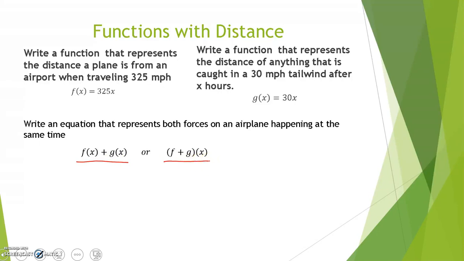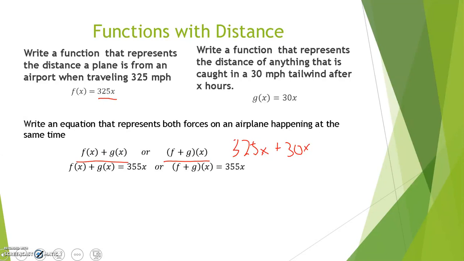But really what we're doing is taking the f of x function and adding it with the g of x function. The f of x function is 325x, and we're adding to that the 30x. If we put those together, both of them are going to end up being 355x.